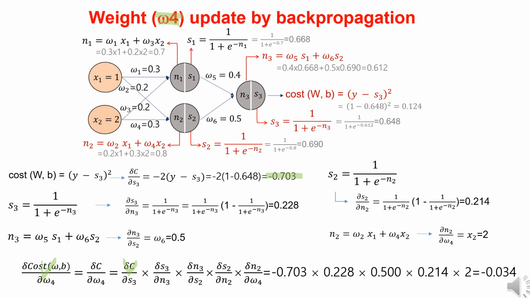The partial derivative of S3 with respect to N3 is 0.228. The partial derivative of N3 with respect to S2 is 0.5. The partial derivative of S2 with respect to N2 is 0.214. The partial derivative of N2 with respect to omega 4 is 2. By multiplying these five values together, we get negative 0.034.